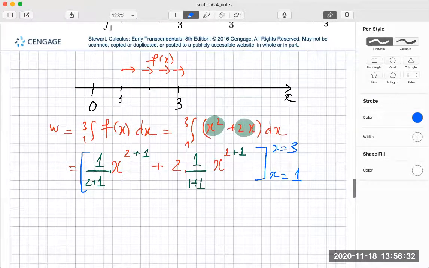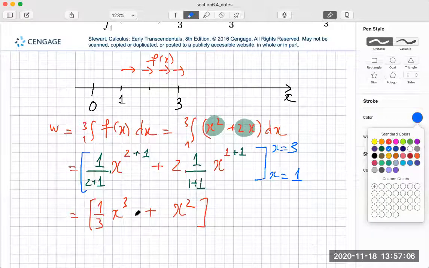So before doing this, let us simplify these numbers. It is 1/3 x cubed plus, what do we have here? 1 times 1/2, they cancel each other, right? So it would be, yeah, x squared. We can double check it by taking the derivative of this. If it gives us the same result as the integrand here, then we're good.